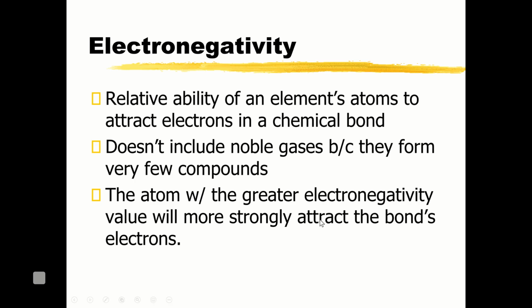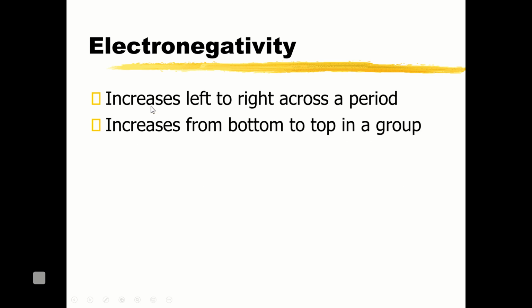So the atom with the greater electronegativity will have a greater pull of those electrons toward itself versus the other atom it formed a bond with. This matches ionization energy. Electronegativity and ionization energy follow the same trend, and atomic radius is what's opposite. So it increases from left to right, and it increases from bottom to top, or decreases from top to bottom.